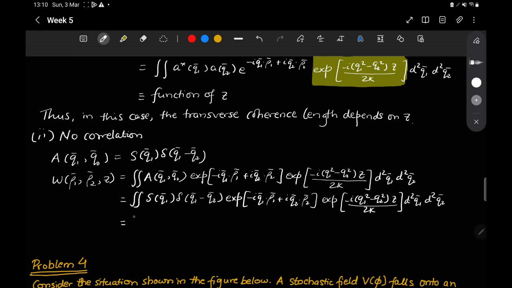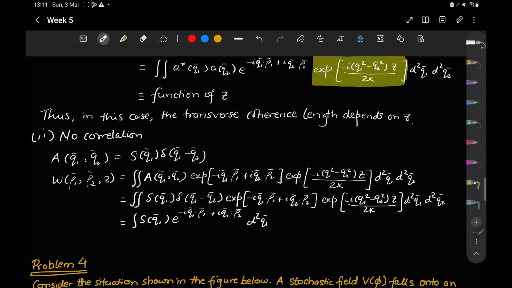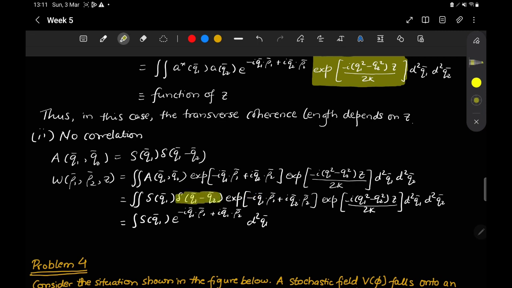So this will become... so because of this integral, let me highlight. Because we have over here this delta function and then we are integrating over d squared q2, that will give us q1 equals q2.